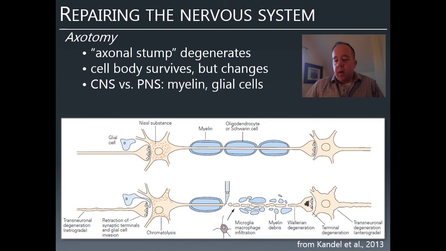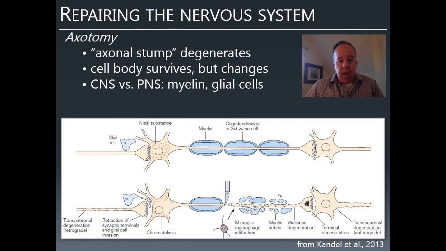And when it comes to repairing a neuron that has been severed, sometimes a neuron will regrow its axon, sometimes it won't. Sometimes it just forms sort of a stump. The difference there is whether the neuron we're looking at is in the central nervous system or the peripheral nervous system. Remember that both the peripheral and the central nervous systems can have myelinated neurons.